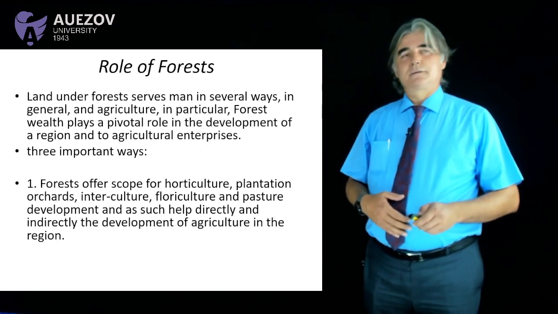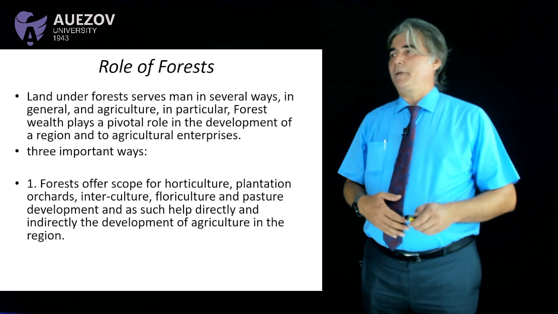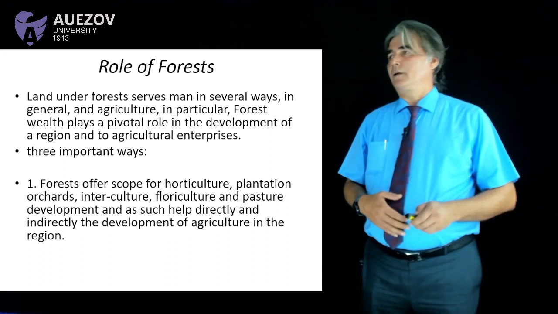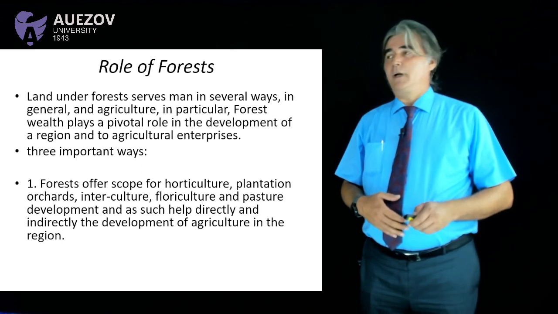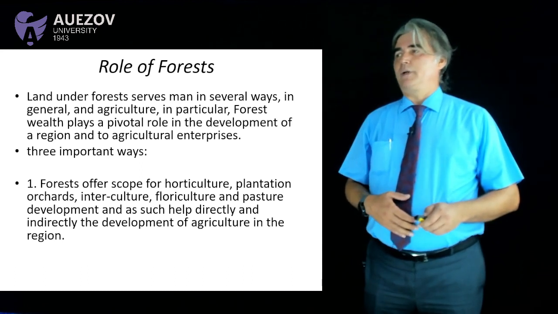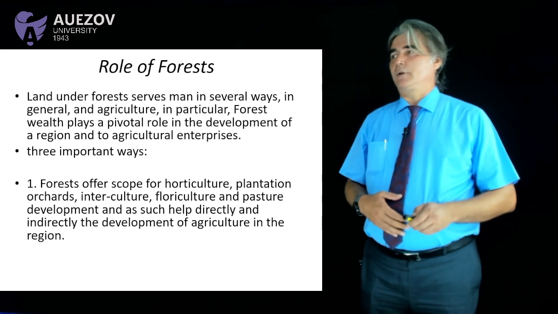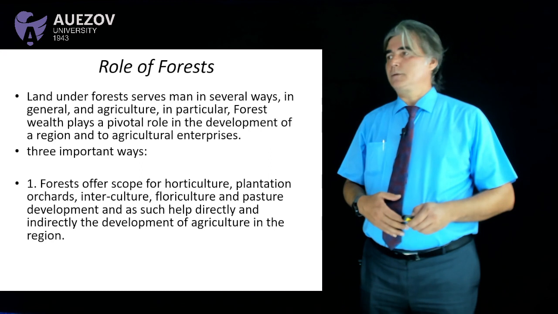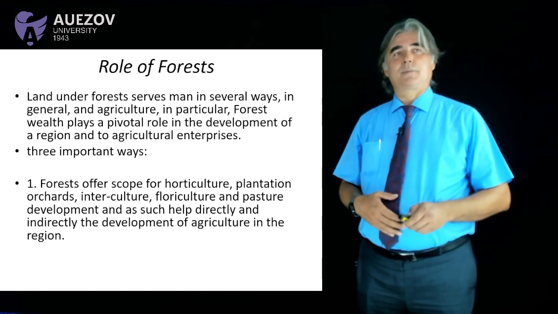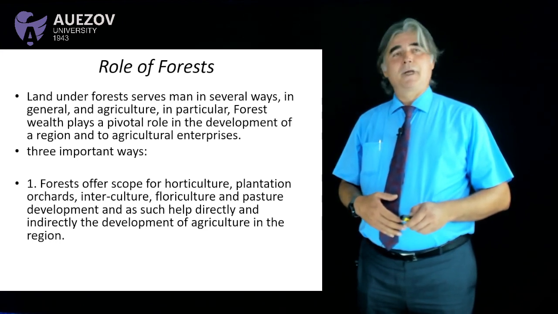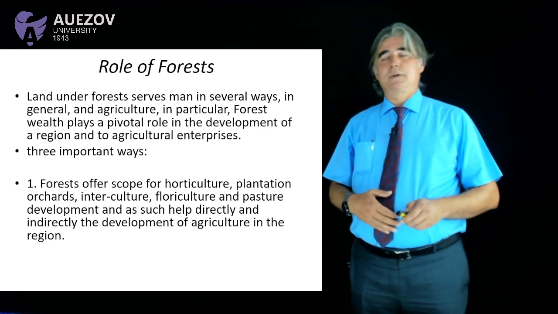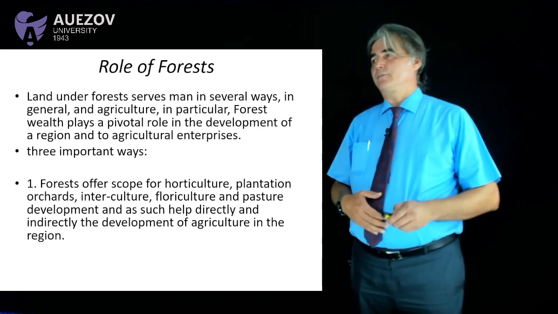Land under forest serves man in several ways, in general and agriculture in particular. Forest wealth plays a vital role in the development of a region and agriculture enterprise. The first important point: forest offers scope for horticulture, plantation, orchards, interculture, floriculture and pasture development, and as such helps directly and indirectly the development of agriculture in the region.